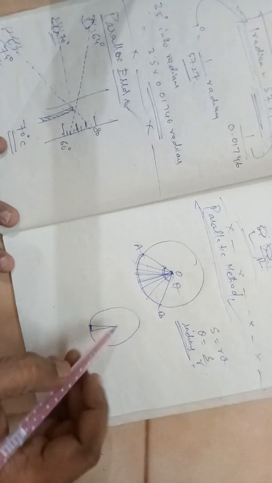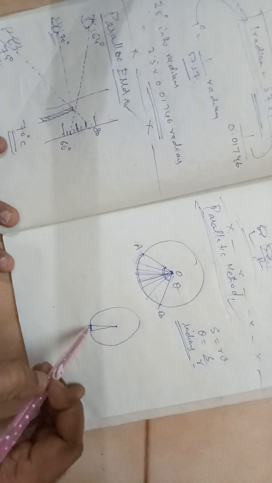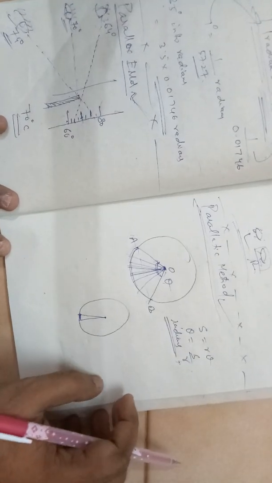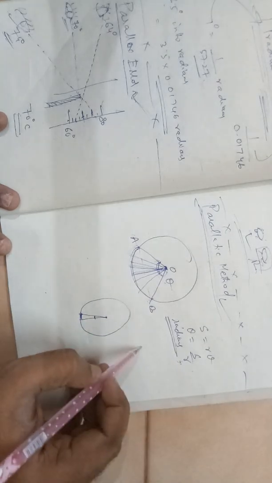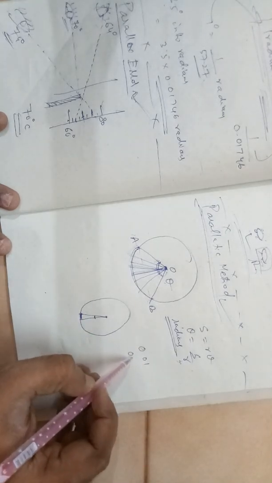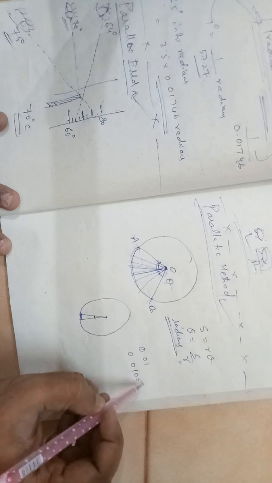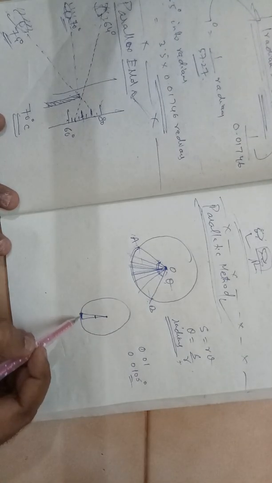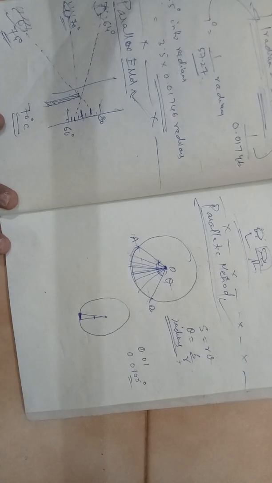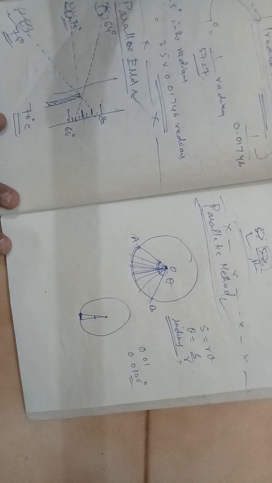So when you are in a situation where this angle is very, very small, like 0.01 degree, 0.0105 degree, very, very small, what will happen? This arc length also will be very, very less, almost equal to a straight line.